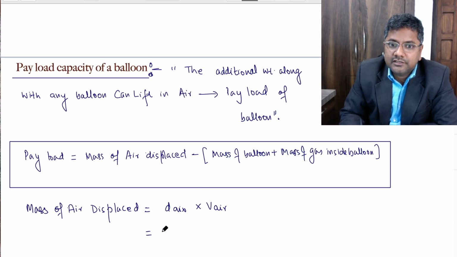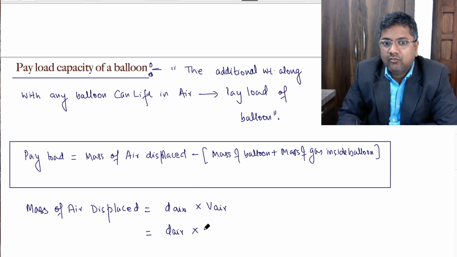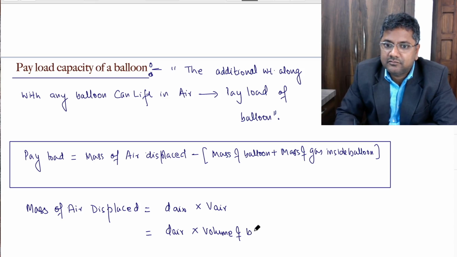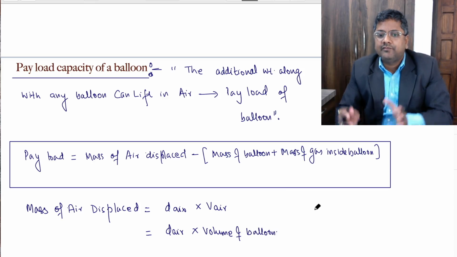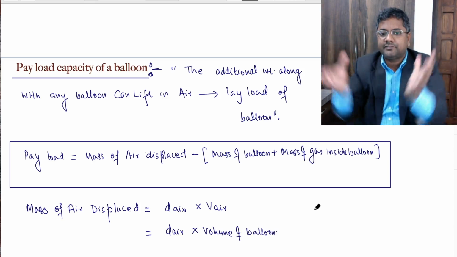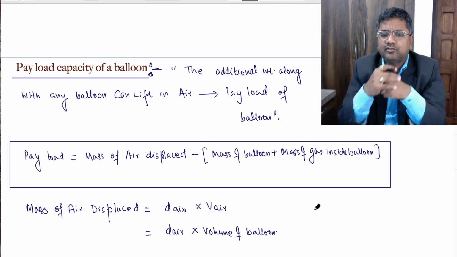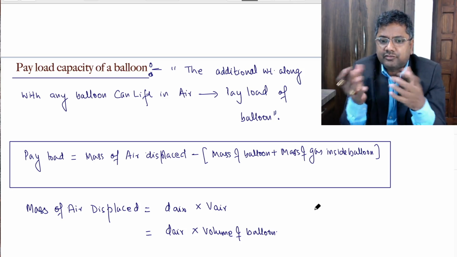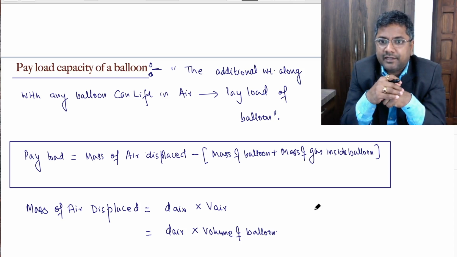So this is the density of air multiplied by the volume of the balloon. If it is conical or spherical, accordingly you can put the volume of the balloon. In this way you can calculate the mass of air displaced.